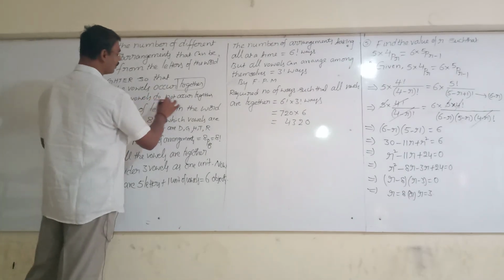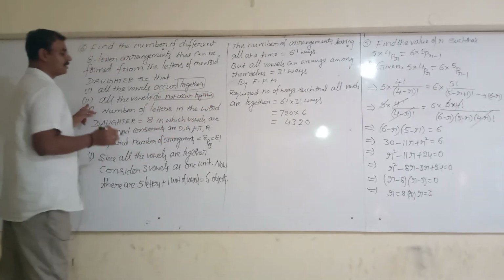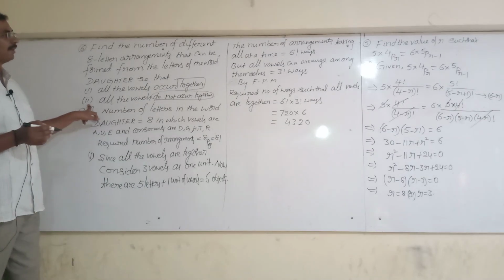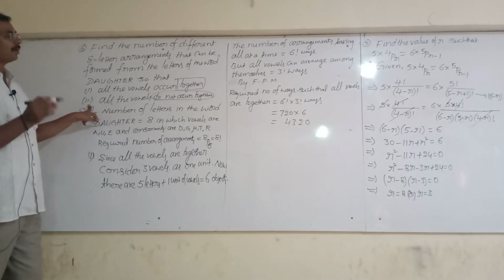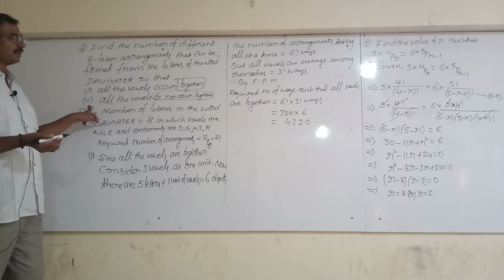Now I am going to question number 2. The question is: vowels do not come together. So how to find do not together? Total minus all together.